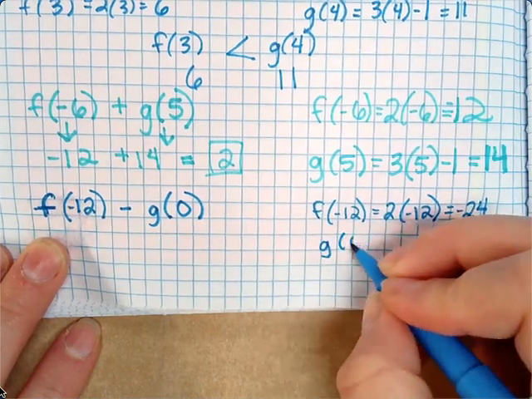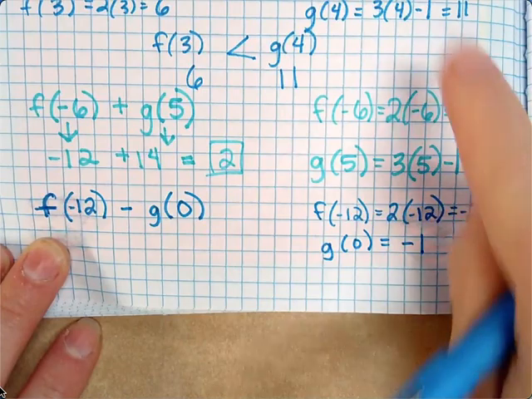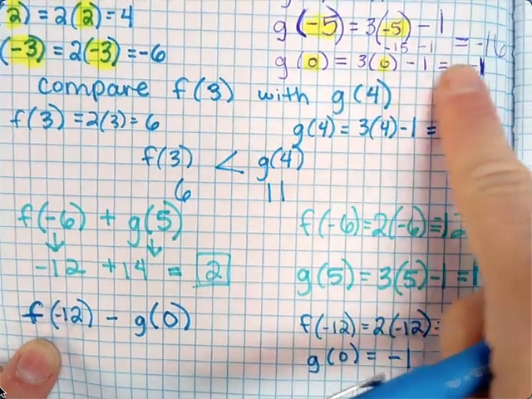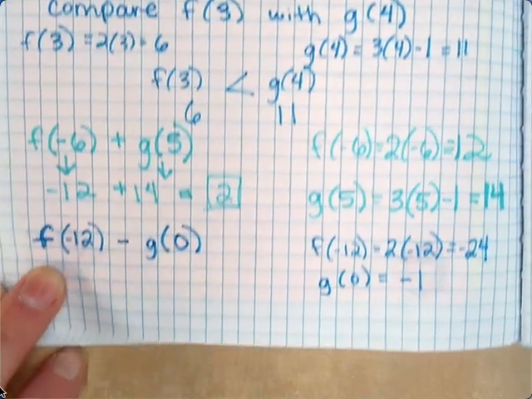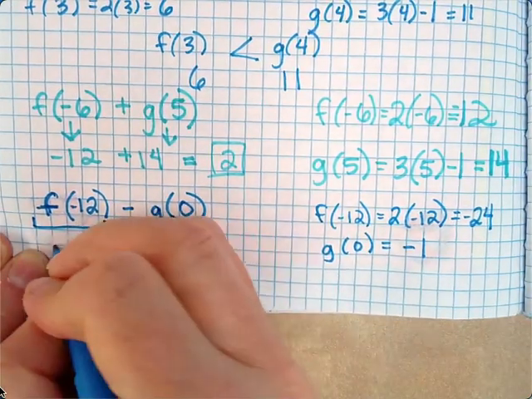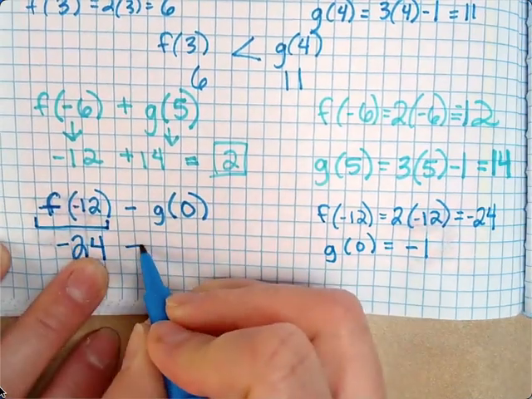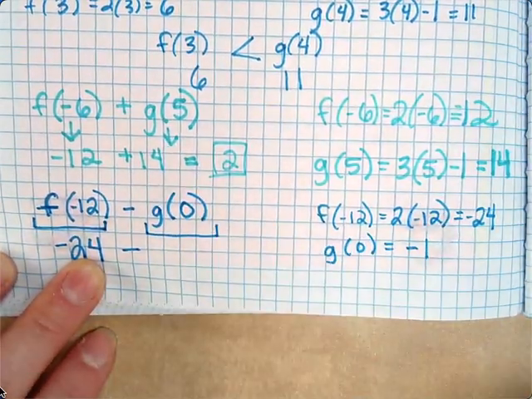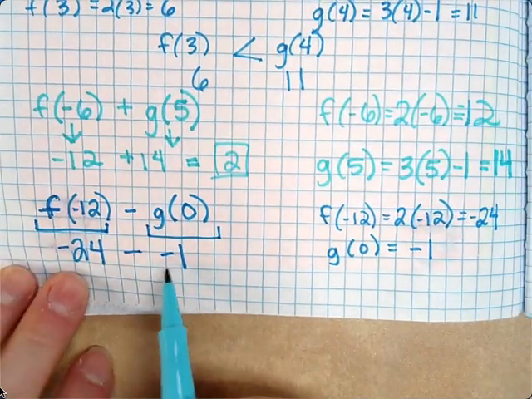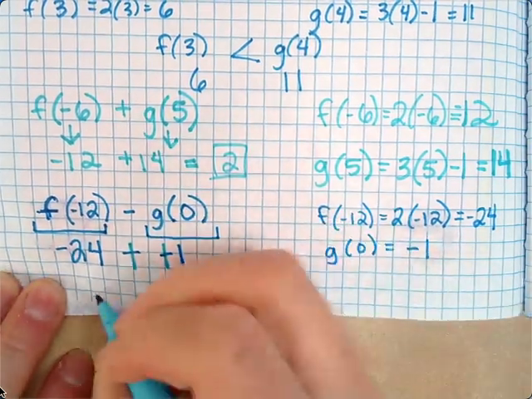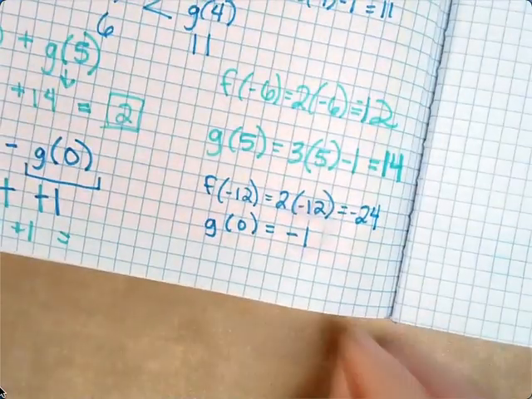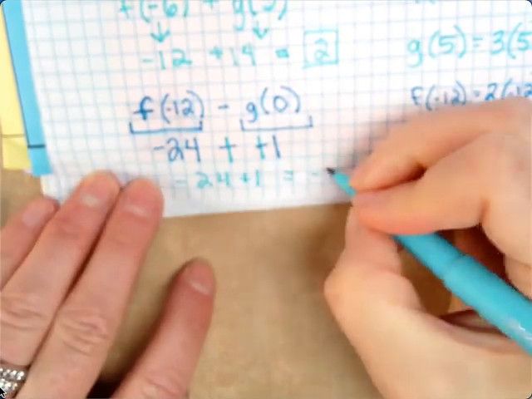And then g of 0 is negative 1. We found that earlier by multiplying 3 times 0 minus 1. It was up here. So now we'll plug in: f of negative 12 is negative 24, minus, what is g of 0? Negative 1. That makes negative 25, correct? What do I do with minus a negative? Oh, keep change. So it's really negative 24 plus 1. Negative 23.